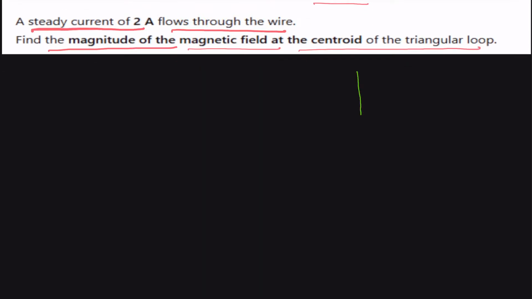You can see a wire, and suppose we are going to find out the magnetic field at point P. Let us suppose the extreme ends make this angle alpha, and this angle is beta, and this distance is d.